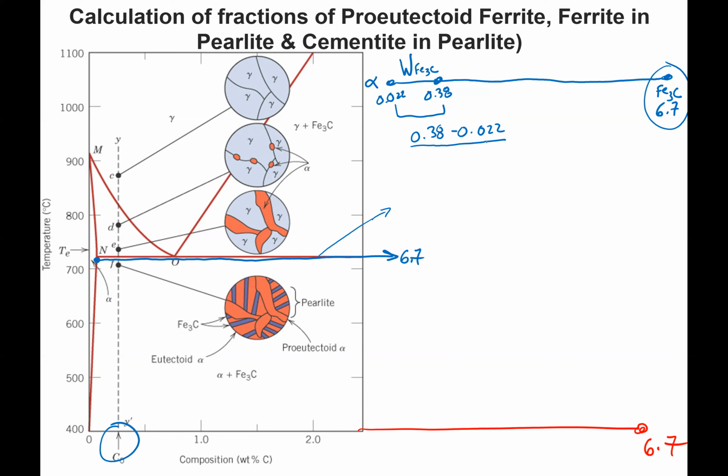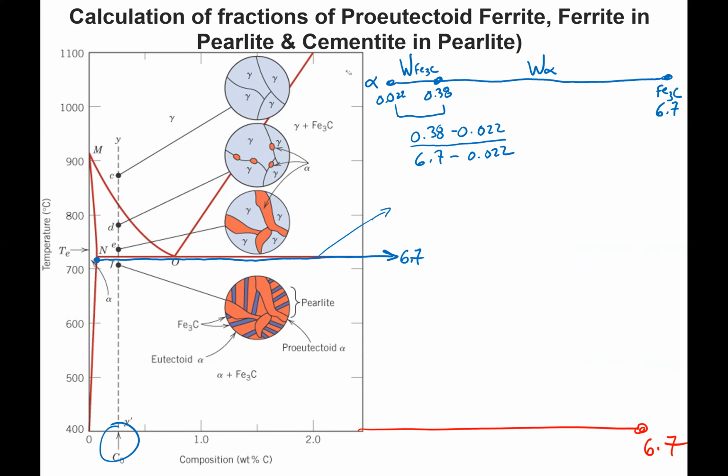That's that length. And then the entire tie line length is 6.7 minus 0.022. Now we know that on the left side of the diagram, we have alpha, the ferrite. So again, inverse lever rule says that the right side of the diagram is our fractional amount of alpha, or ferrite.